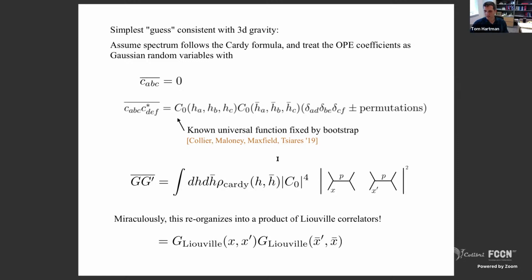And once you put in all these factors and the Cardy density of states and everything, you find somewhat miraculously that this average is the product of Liouville correlation functions. And it's a product where, again, these cross ratios got switched around. So we're calculating a CFT average in Euclidean, and the answer is a Liouville correlator in Lorentzian.